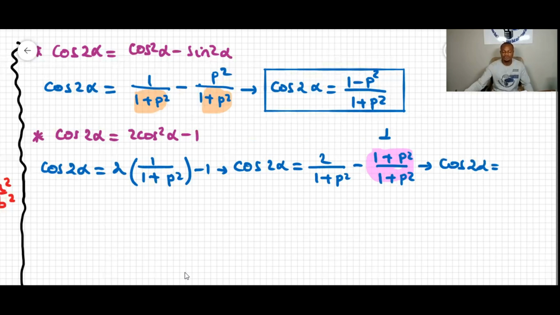You have 2 minus 1 here, and this 2 minus 1 will be 1.